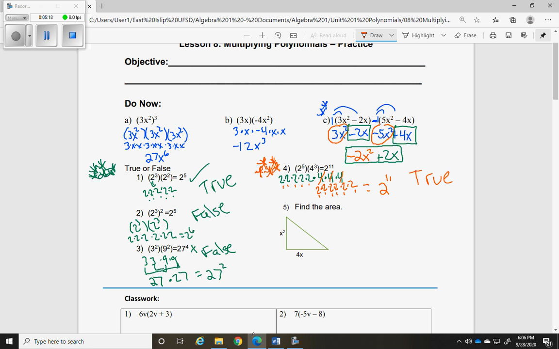Okay, absolutely. Now, number 5, there should be a box here showing it's a right triangle. The only way you can find the area of a triangle is if you know the base and the height. And base and height have to be perpendicular to each other. That word perpendicular, I sure hope you're paying attention, guys, because I know you didn't do really much geometry last year.